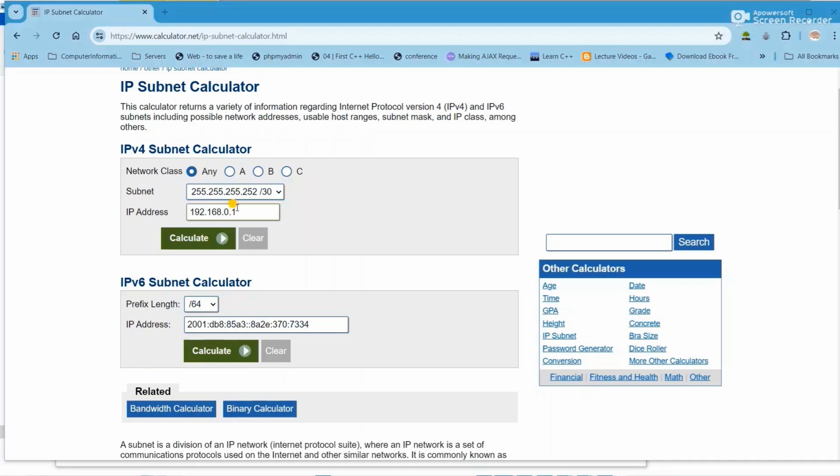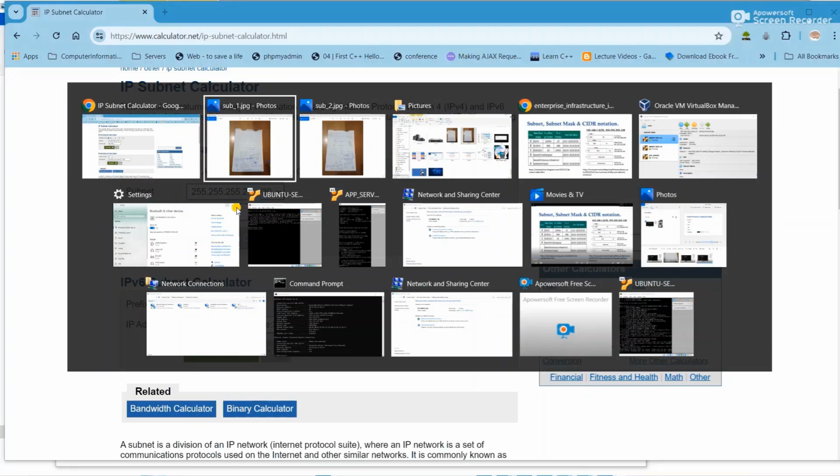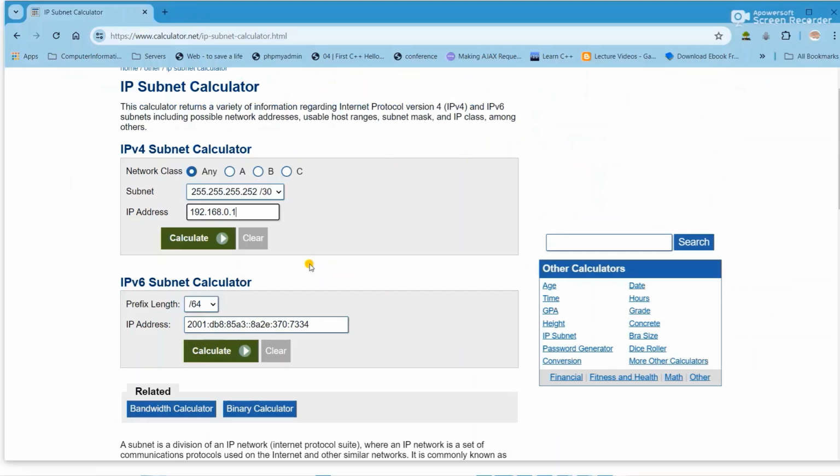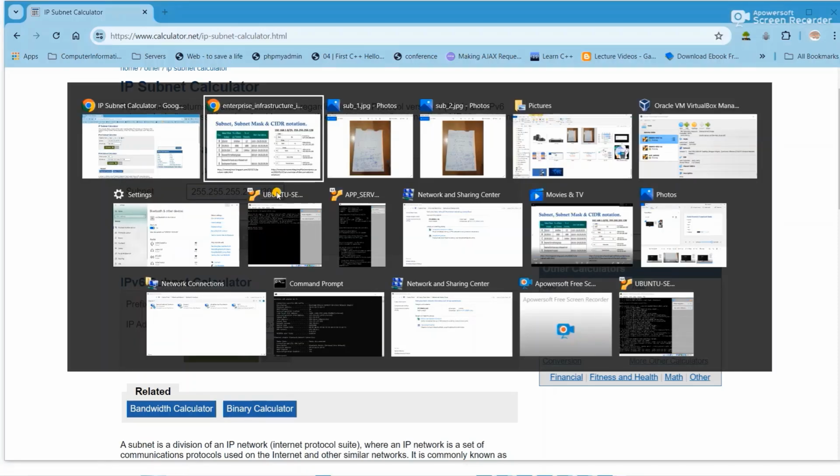We do know that this is a class C IP address. We've seen this already.